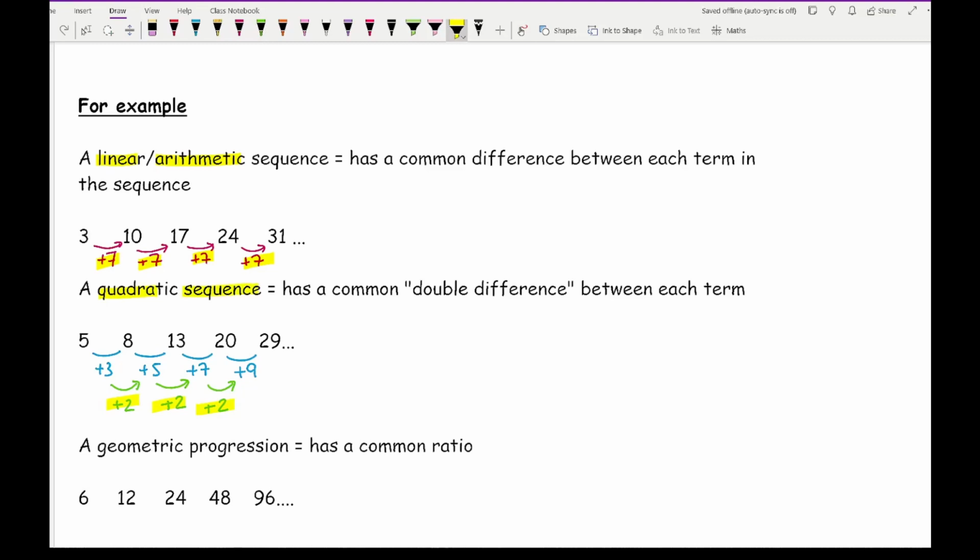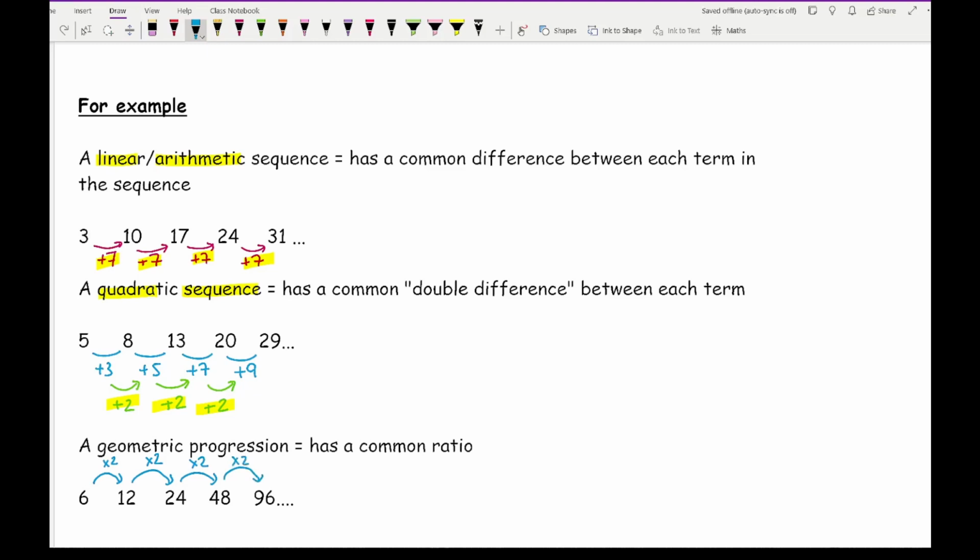Now, in a geometric progression, there is a common ratio, so there is a common multiplier from one term to another. So here, rather than adding, we're multiplying by 2. In a geometric sequence, the ratio between two consecutive terms is the same.